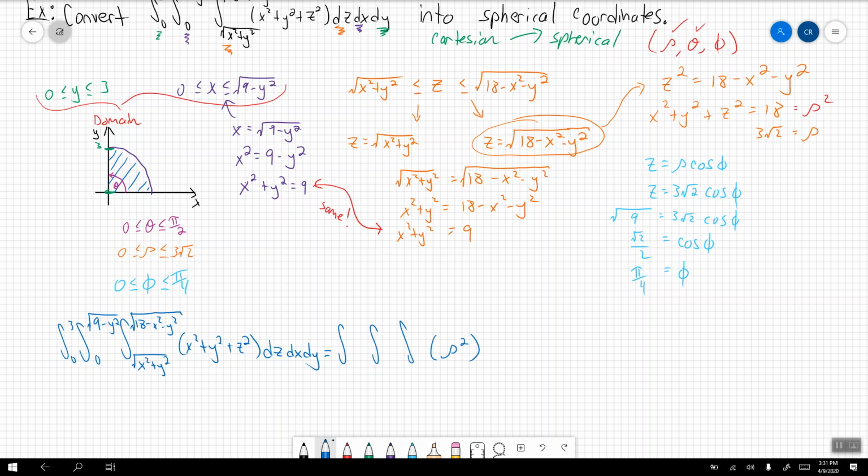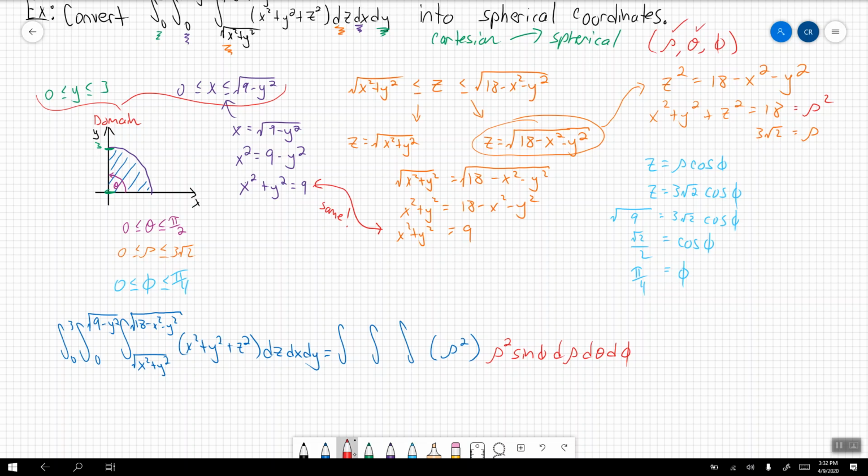All right, good. Now I need my constant of integration here, and that constant is just going to be rho squared times sine phi, with d rho, d theta, d phi. Apologize for that. Now the innermost integral, rho.